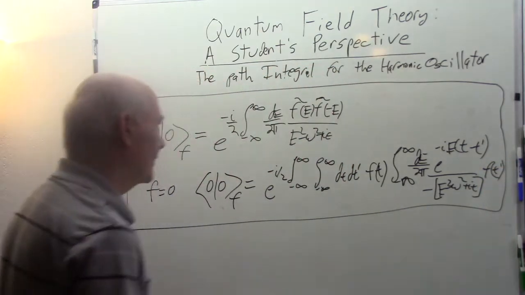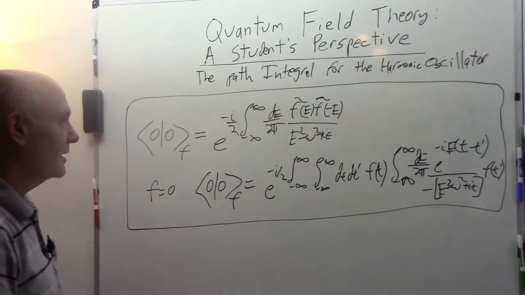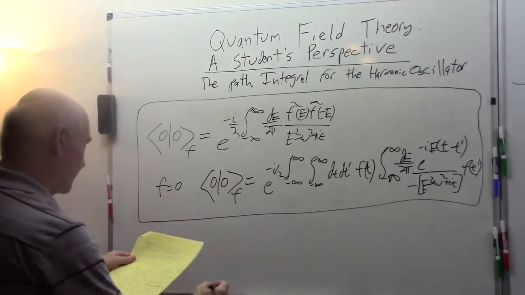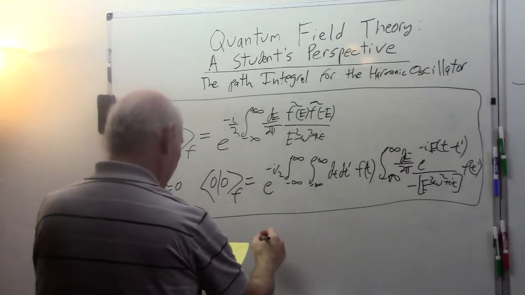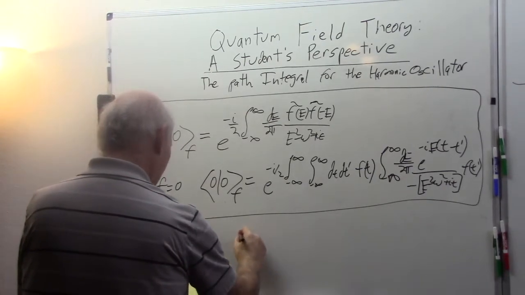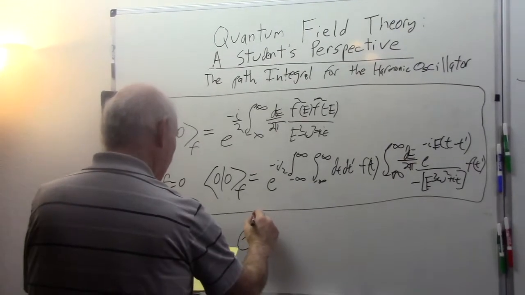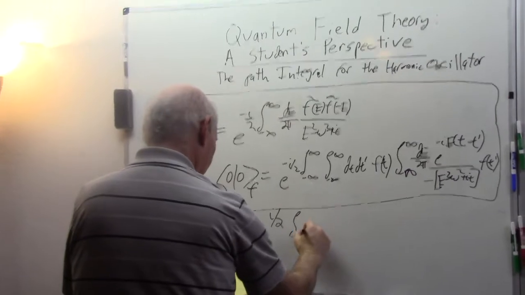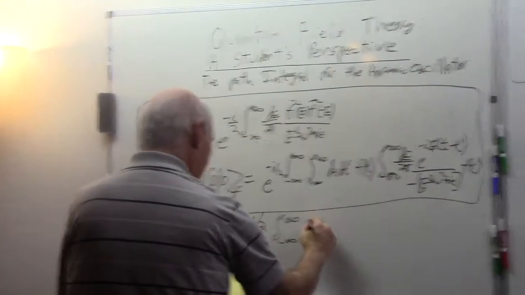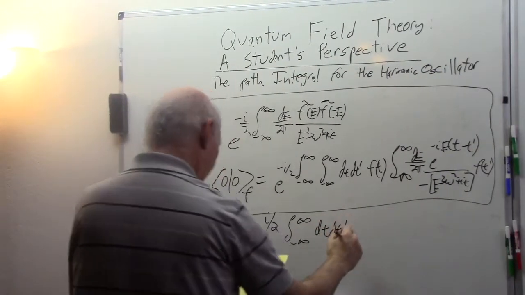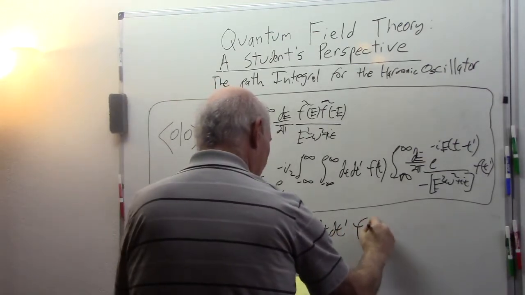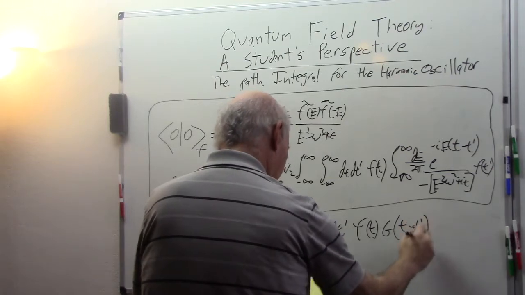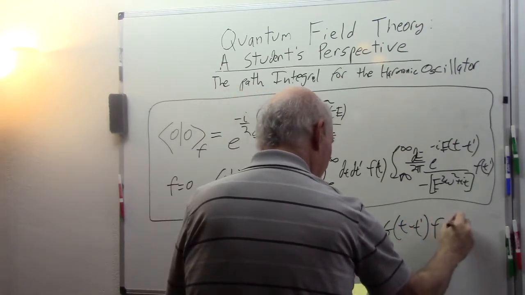So if we go back to our original time variables, this is the ground state to ground state transition amplitude, and we'll often write it as e to the i over 2, the integral from minus infinity to infinity, dt, dt prime, f of t, G of t minus t prime, f of t prime.